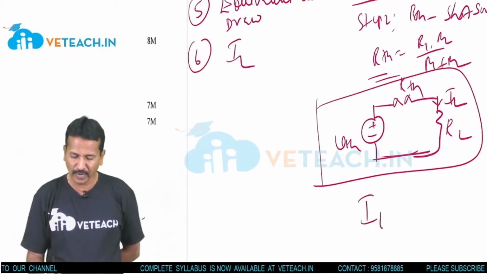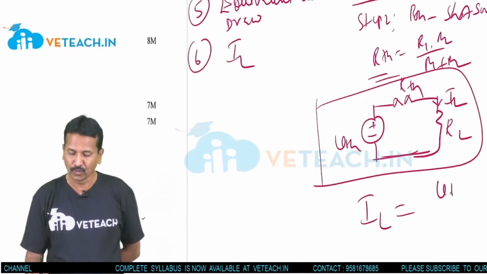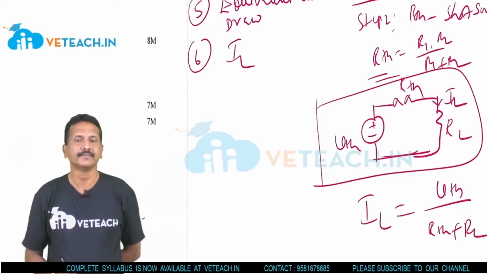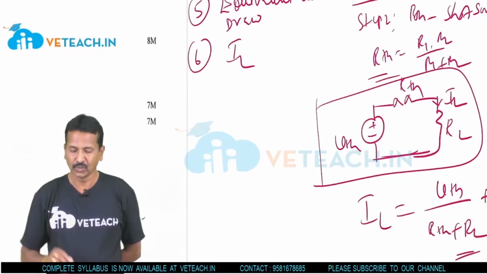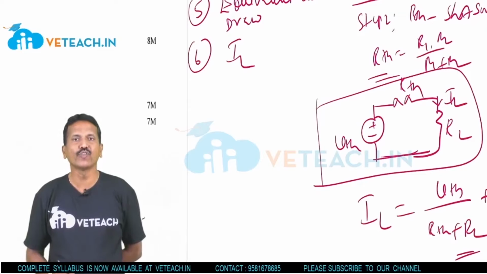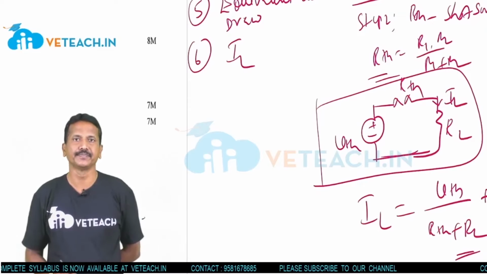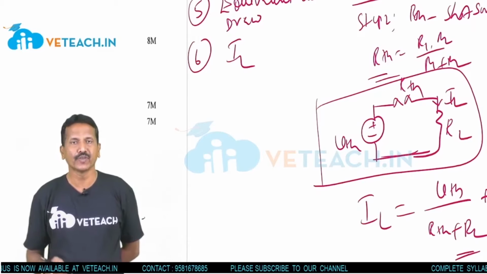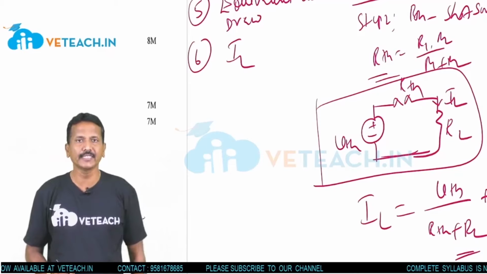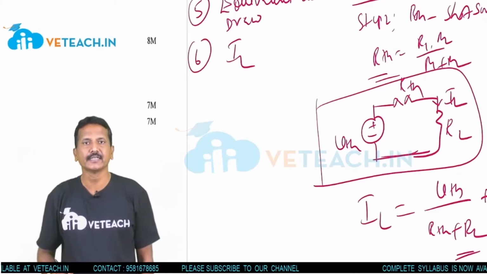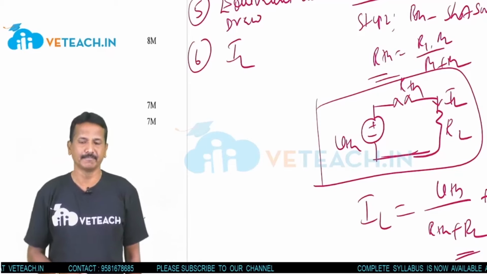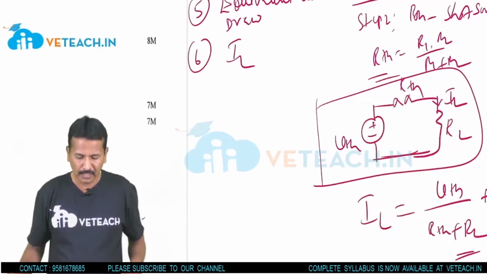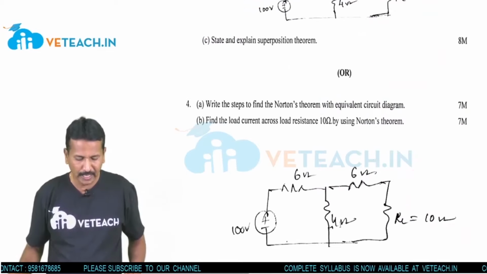Last, to find the load current, IL is equal to VTH by RTH plus RL amps. So these are the steps for Thevenin's theorem: statement, circuit network, find VTH, new voltage and new resistance, equivalent circuit diagram and load current. If you follow this, then you will get good marks.